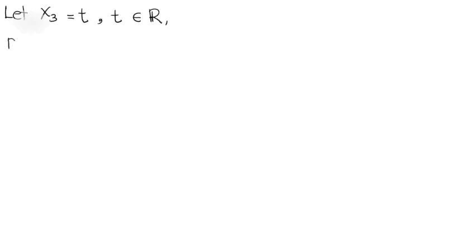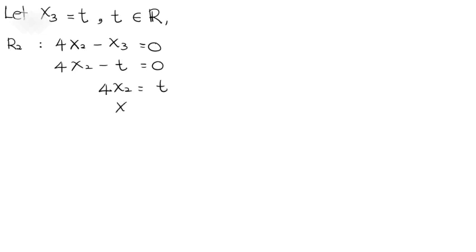So from row number 2, 4 x2 minus x3 equals to 0. So 4 x2 minus t equals to 0. So x2 equals to t over 4.